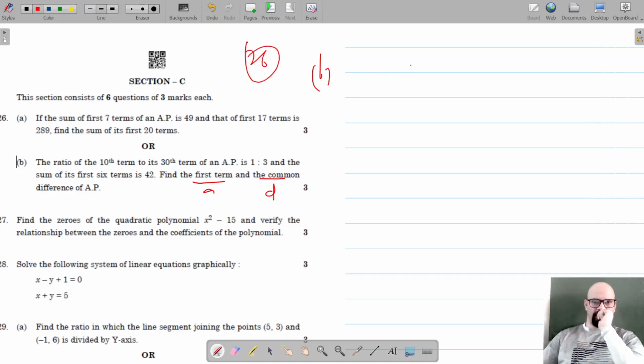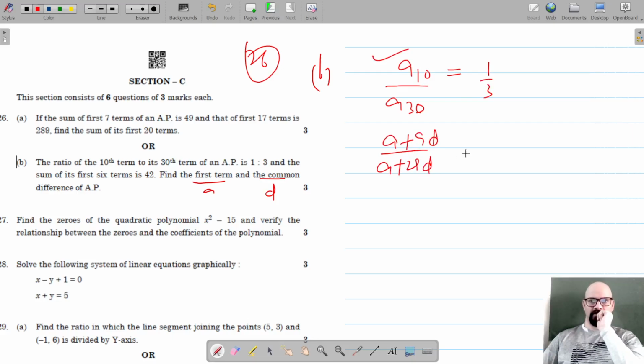The ratio of the 10th term, that is A10, to its 13th term, that is A13, is given to us as 1 by 3. So A10 is A plus 9D, and A13 is A plus 12D, equal to 1 by 3.